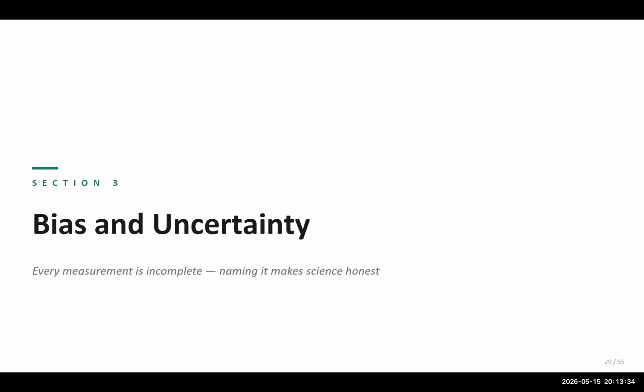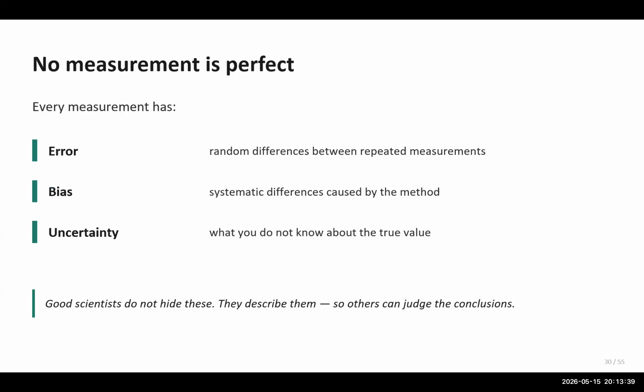So here's the truth that most people don't like, and it is that no measurement is perfect. Every measurement has three things. One is error, random difference between repeated measurements. This means that one day I measure, the second day I do another measurement, or maybe one day I do many measurements.